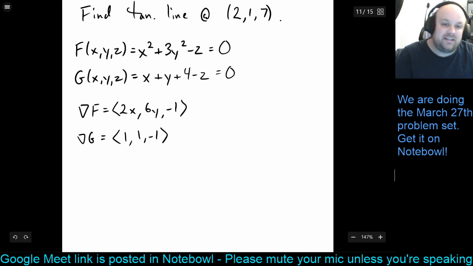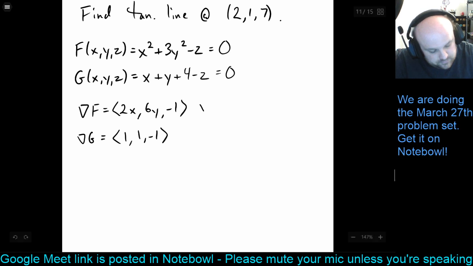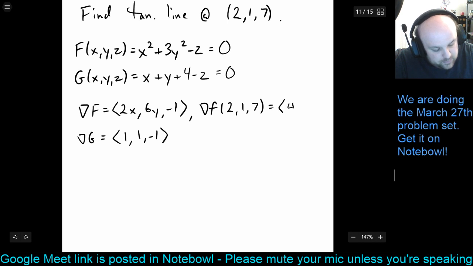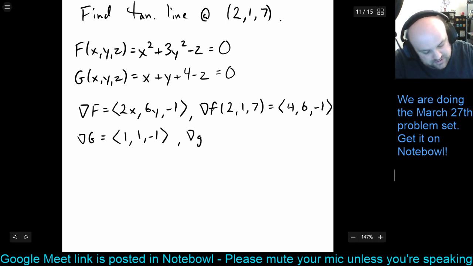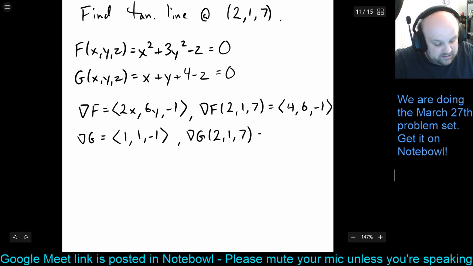Evaluate it at this point. The gradient of f at (2, 1, 7) is (4, 6, negative 1). Gradient of g, oops, these are supposed to be capitals, at (2, 1, 7). Well, there are no variables to plug in here, so this is not going to change.